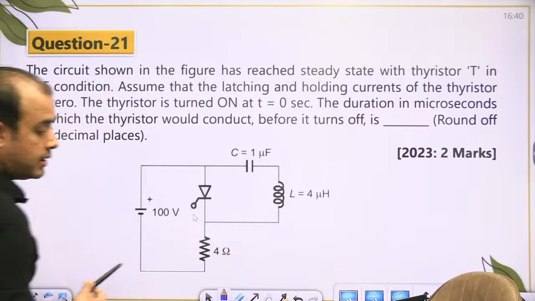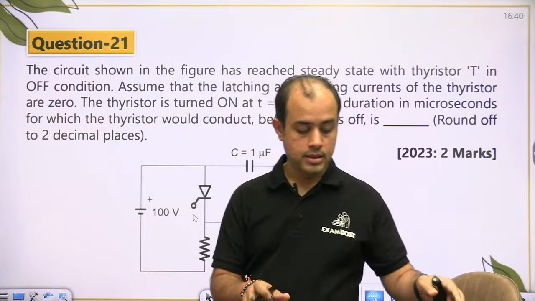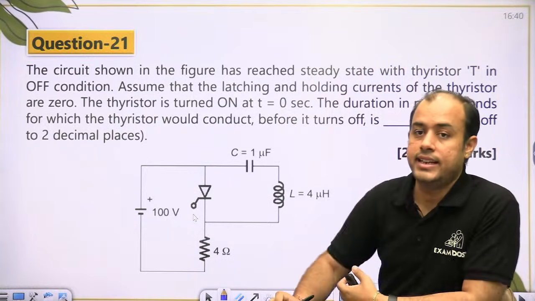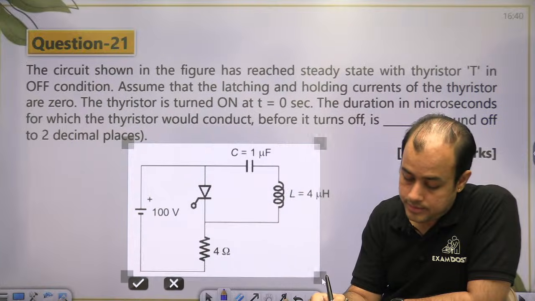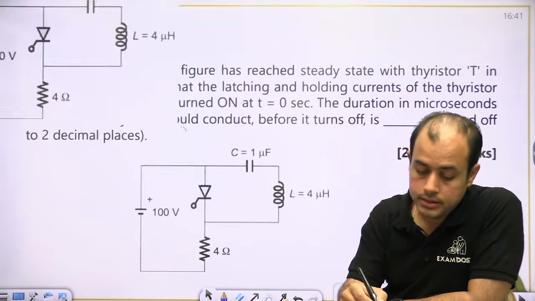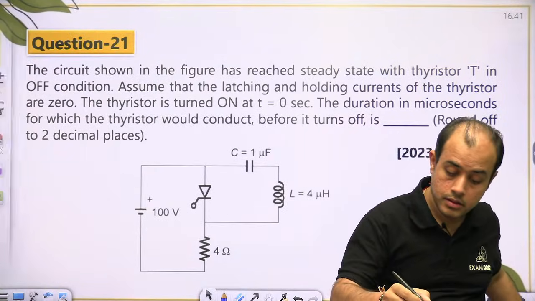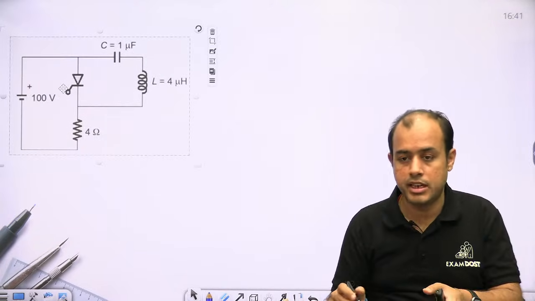देखें भाई, just like beta we solved one question, it is saying we have already reached a steady state with the thyristor off. We solved one question based on LC oscillator na, this is similar to that.